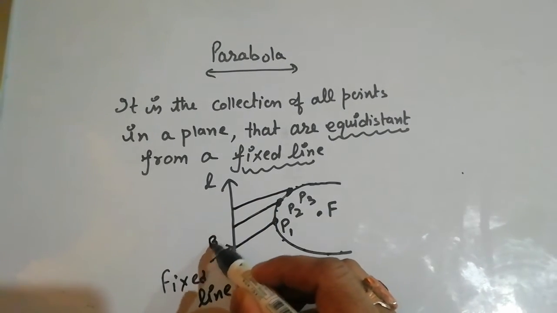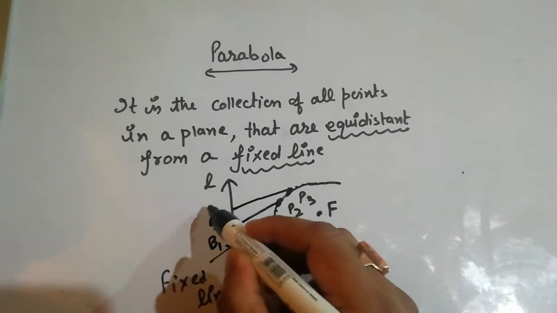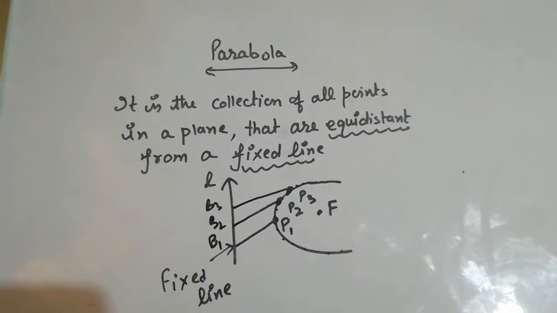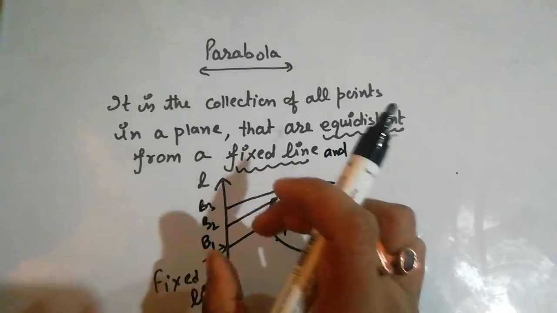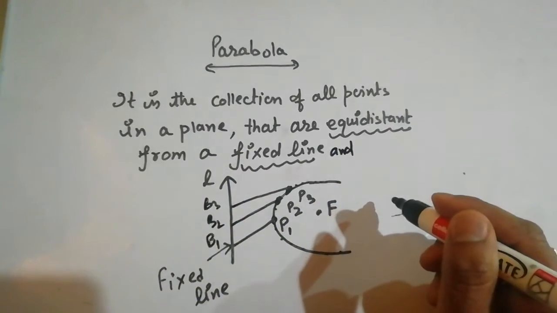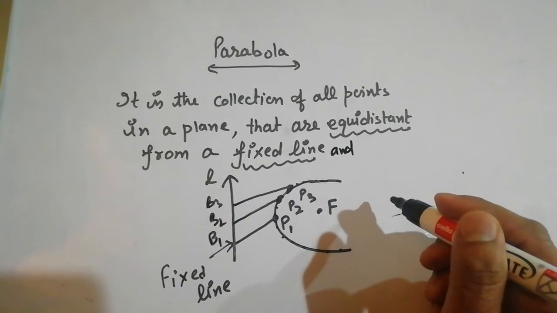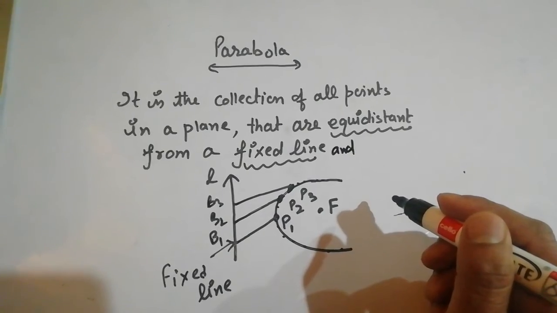Let this point be B1, this B2, this B3, and not only from a fixed line, but from a fixed point also.